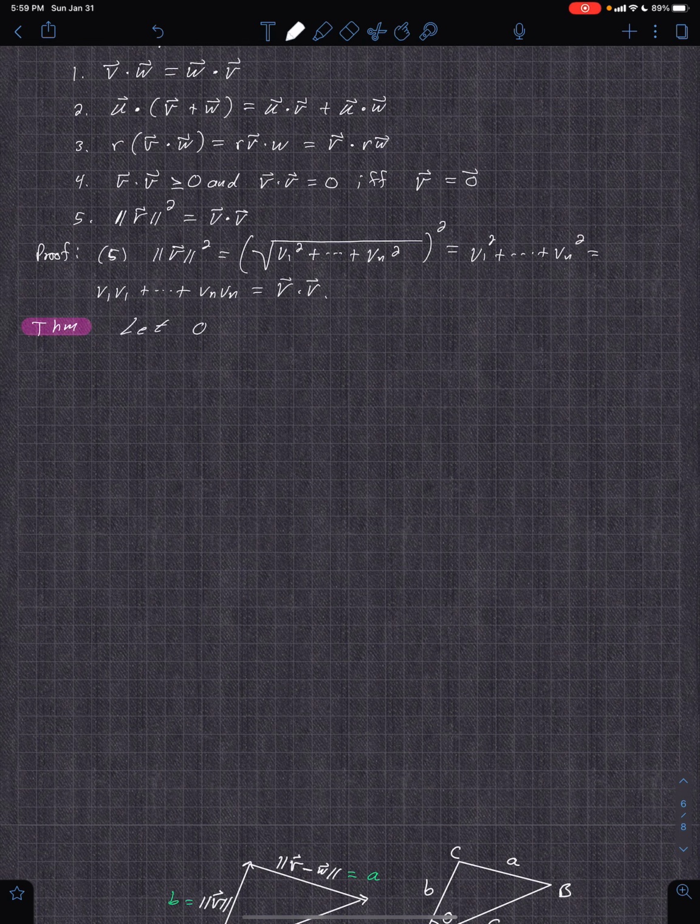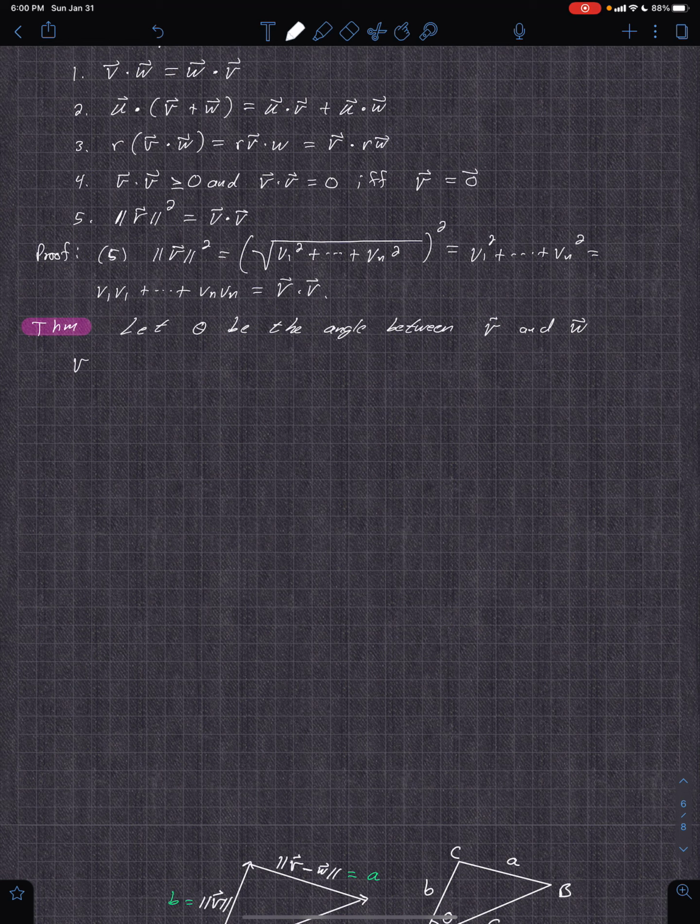We're going to let theta be the angle between V and W. Now it makes sense in 2D and 3D. In 4D, it's kind of hard to talk about an angle between two vectors, but we're just going to say that it exists and move on.